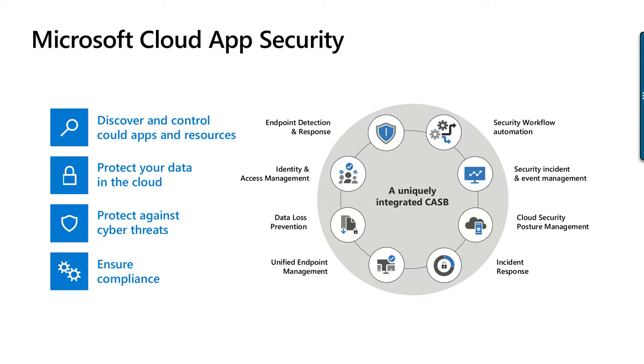One of those popular use cases is to discover cloud applications, so shadow IT discovery. Another one is to protect your data in the cloud, so information protection. Another one is to protect against cyber threats, and that's the main topic we're going to discuss today, even though we're going to discuss a few others, and also ensure compliance.